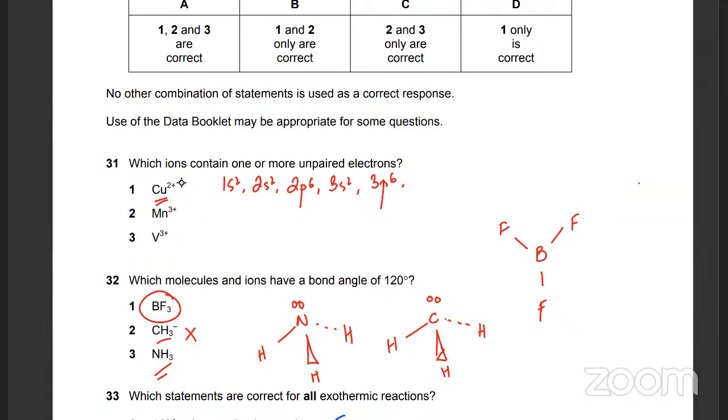Like if you want to write it, it's 29 electrons. 4s1, because it's going to be 4s1 and 3d10. And remember, the 3d is full in the case of copper. It's a special case. And if you have +2, that means 1 electron is gone over here, 1 over here. So you do have unpaired electrons.